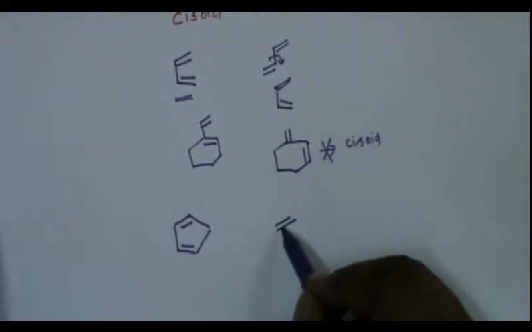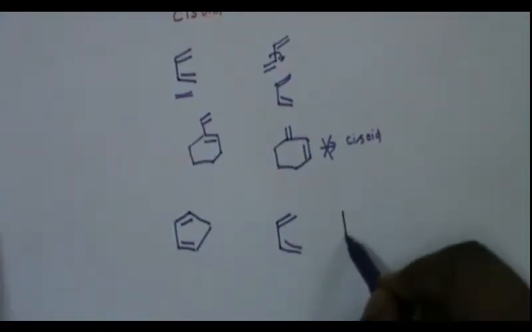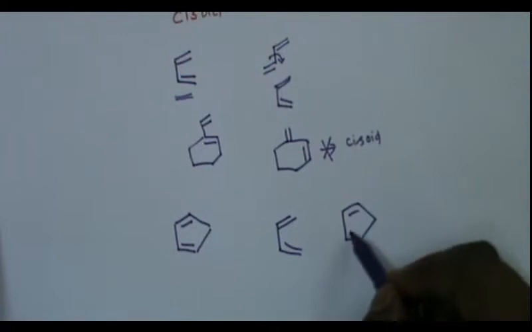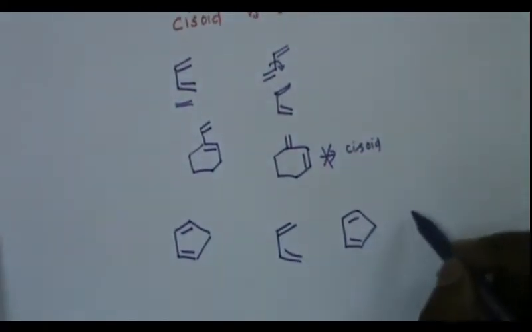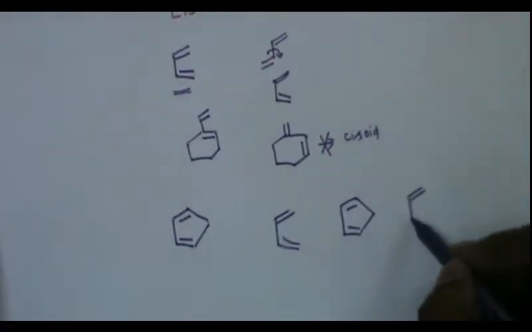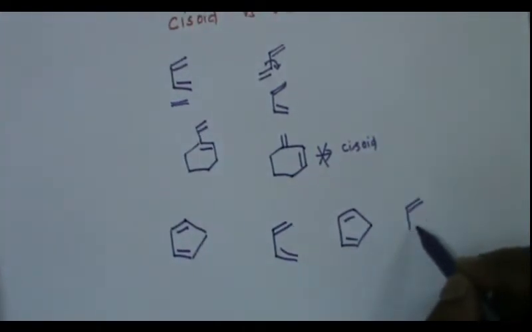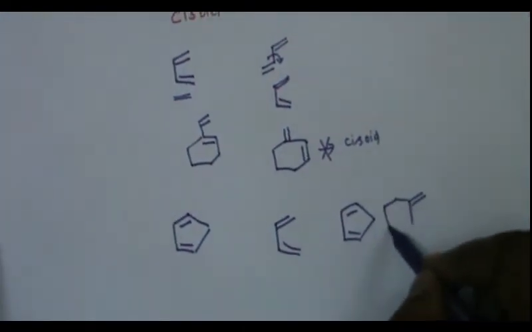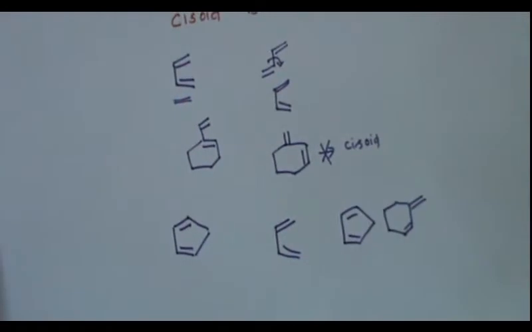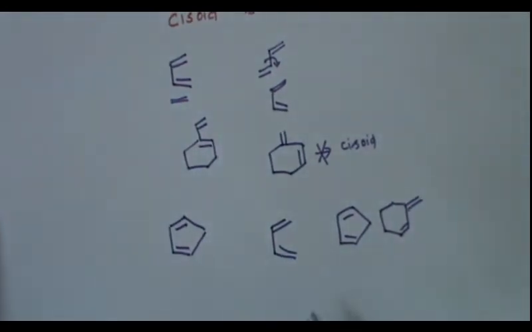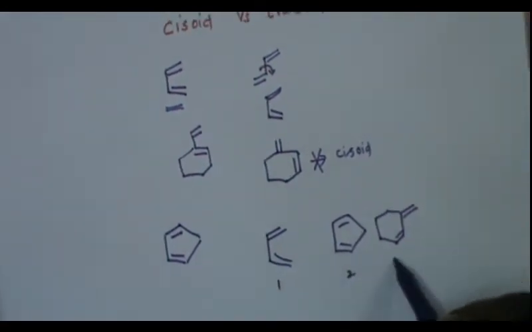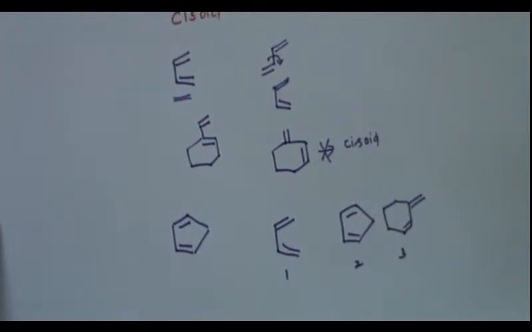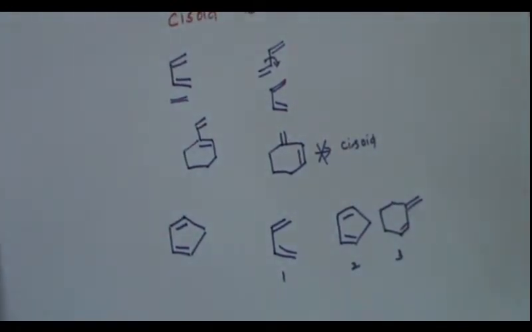For example, I give this 3 diene, then the question may be, arrange the following in the increasing order of their reactivity towards Diels Alder reaction.